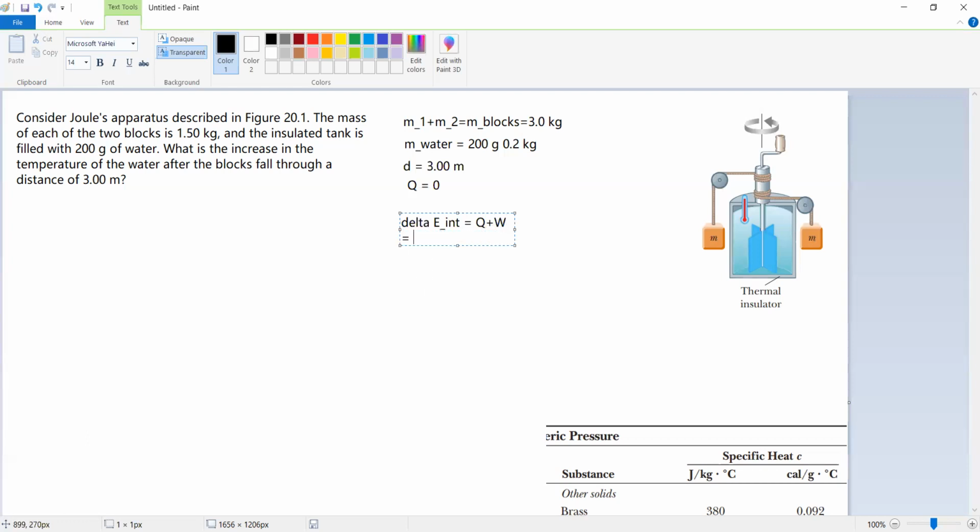And it is important to see here that delta E internal is equal to MC times delta T, except M of what? Well, the M of water, of course, because we are finding the delta T of the water, not the delta T of the blocks.